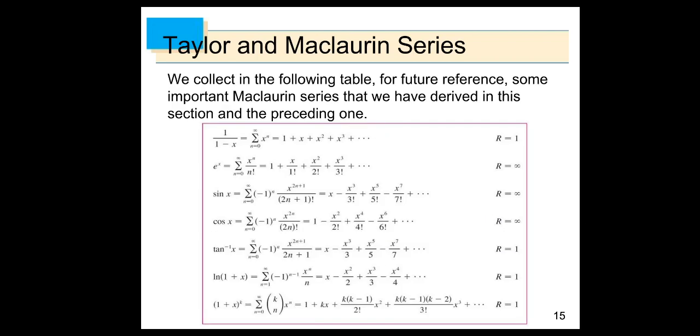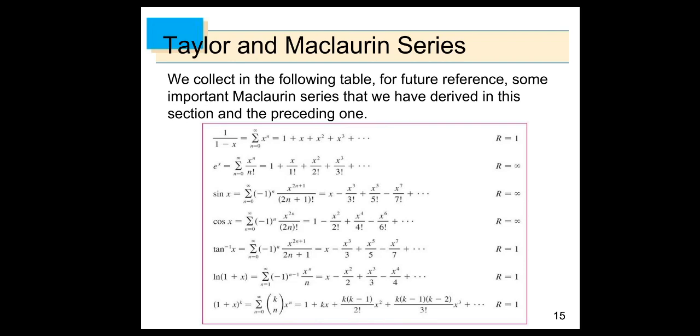Understand? So we collect the following table for future reference, with some important Maclaurin series that we have derived in this section. On the left side we have the functions, and on the rightmost side we can see the remainders.